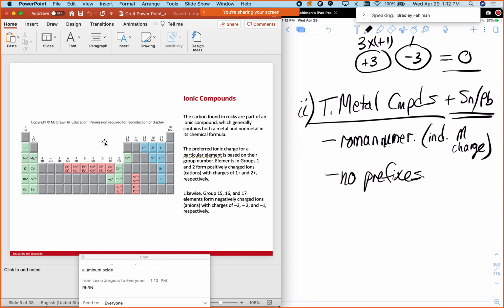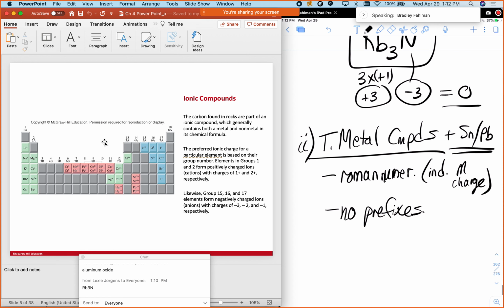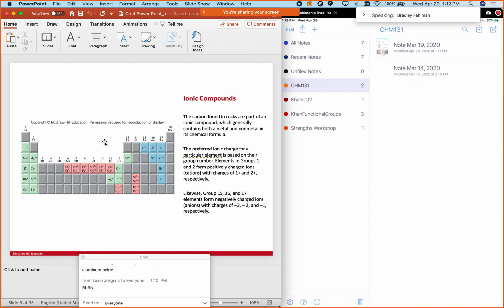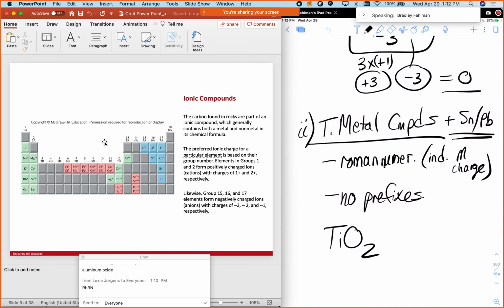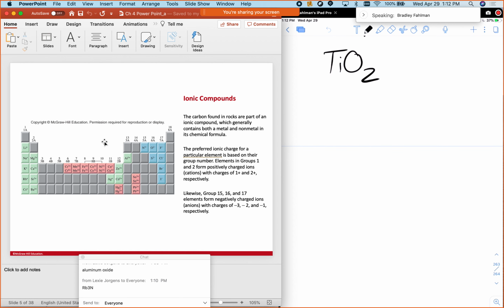Okay, so examples of this. My iPad is frozen. It would be this one, for instance. What would the name be for this? Let's see. We can get it back. There we go. So TiO2.